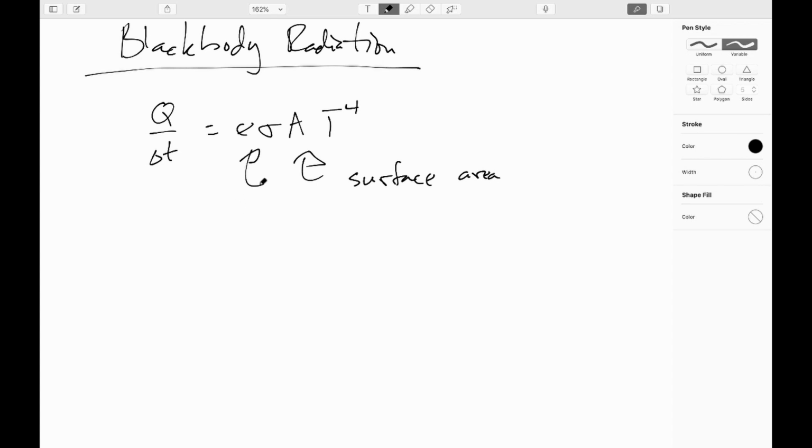So this is the radiation efficiency. This is a number between 0 and 1, no units. So, sorry, it's called the emissivity.